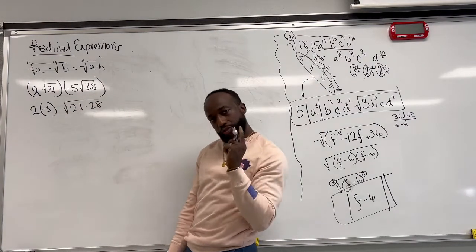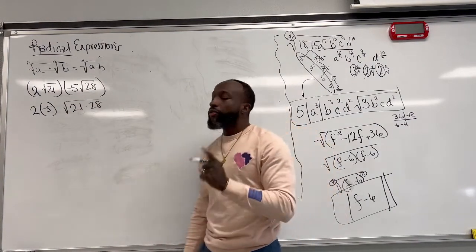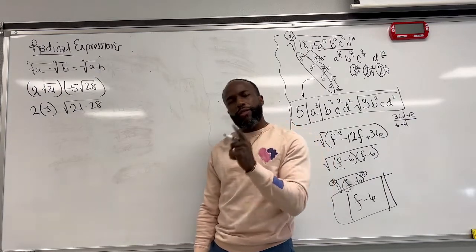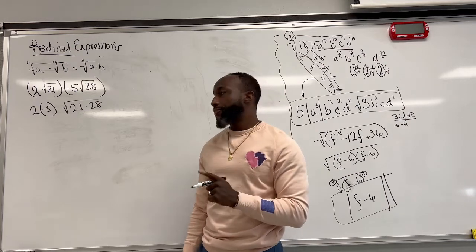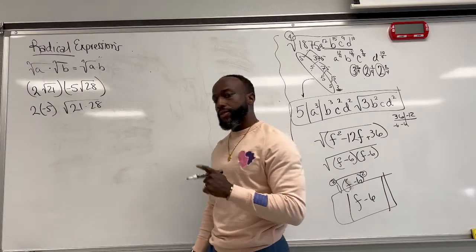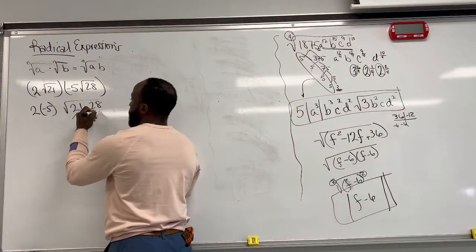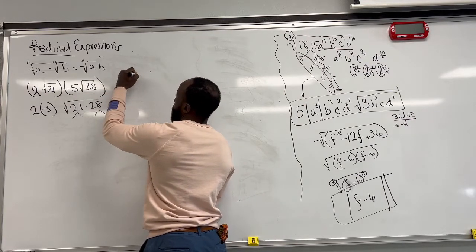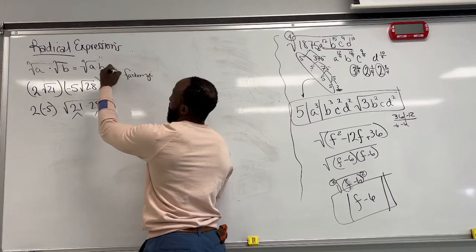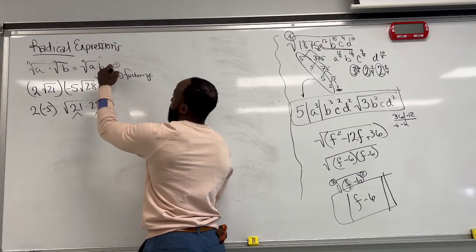But because we're in the radical, what you really want to do is look for perfect squares, things you can pull from both of these numbers. So the move is to factorize. Well, that'd be the second move, because the first move is you multiply.